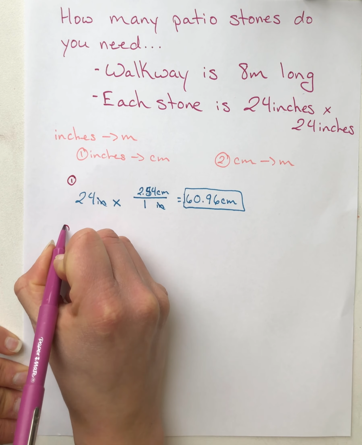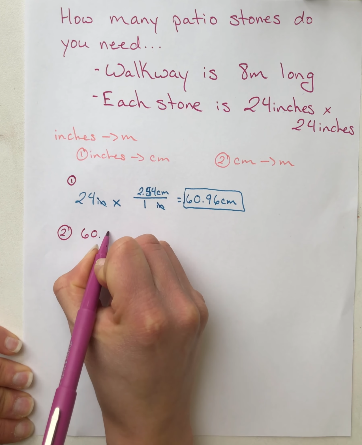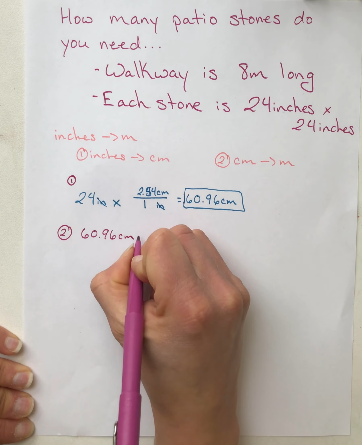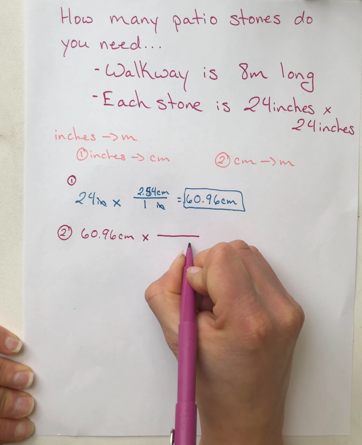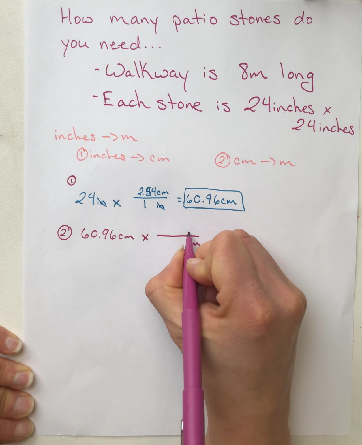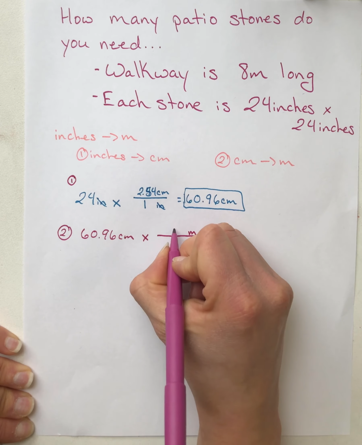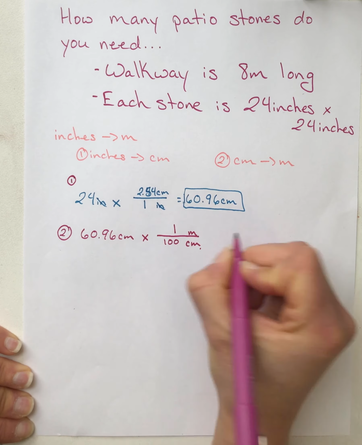So I'm going to start with 60.96 centimeters. And I'm going to go from centimeters, so I put centimeters on the bottom because these two have to match up, to meters. And then I look at my conversion chart, and I can see that for every 1 meter, we have 100 centimeters.